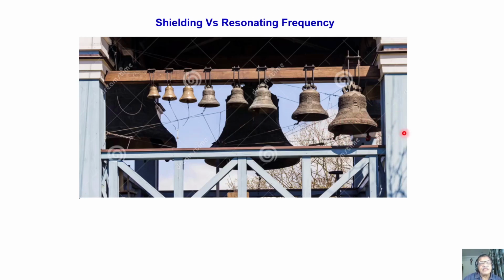See this, it is a circular shape, the charge distribution. This circumference is much larger than this, and this is much larger than this, and so on. So the shielding is becoming more and more as you go from left to right. This is a simple diagram to give you an idea of how the shielding works.